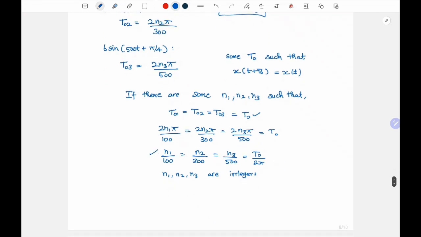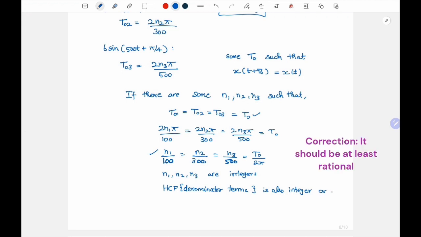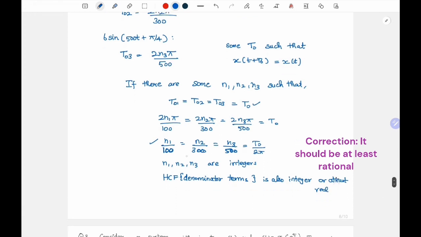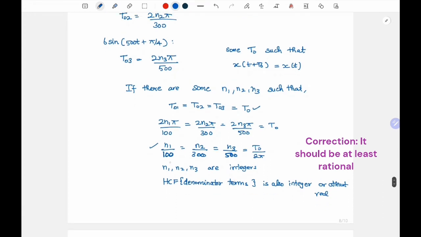So this is possible only if the HCF of the denominator terms is also an integer, or at least it should be real. Okay, now let's try to find the HCF.